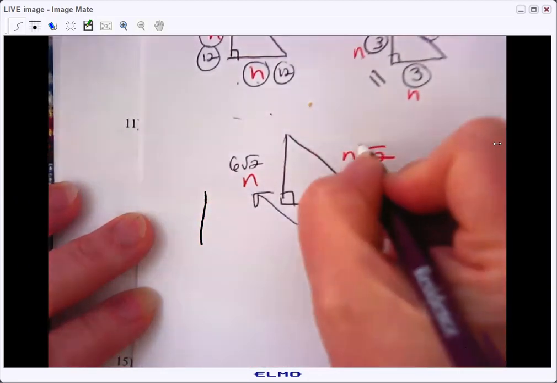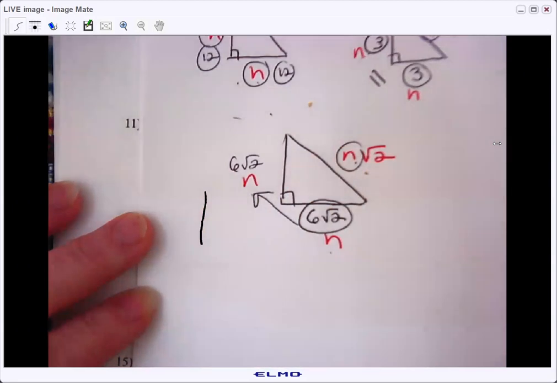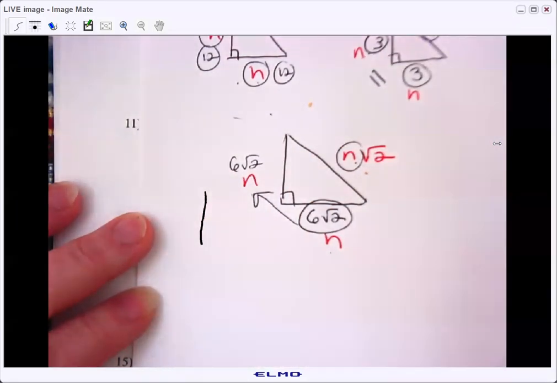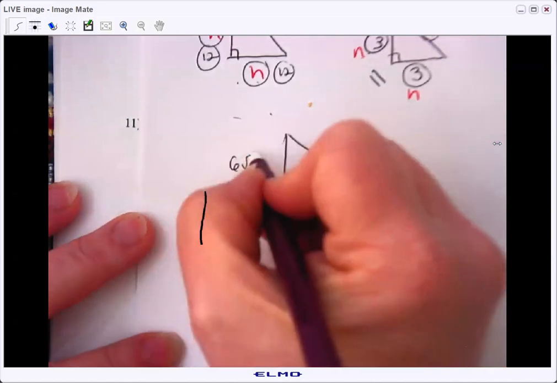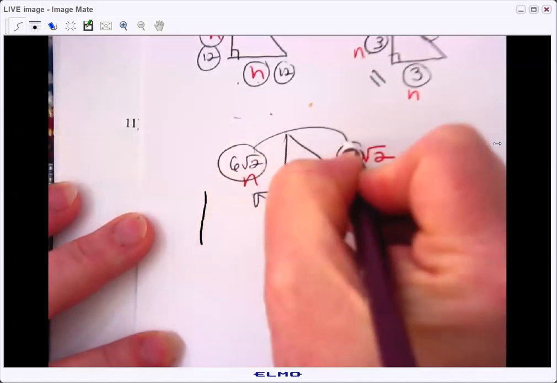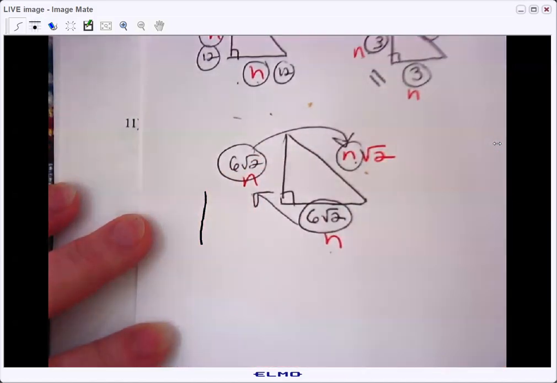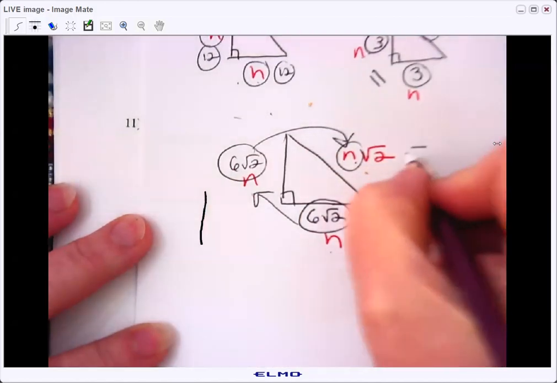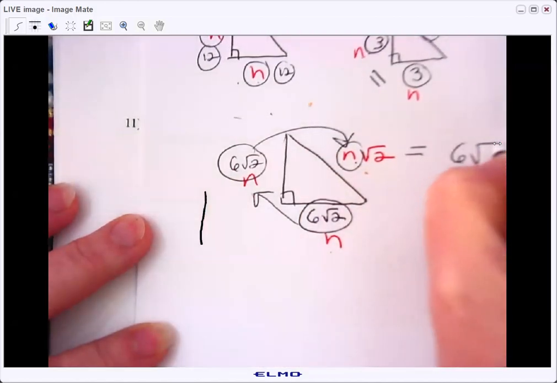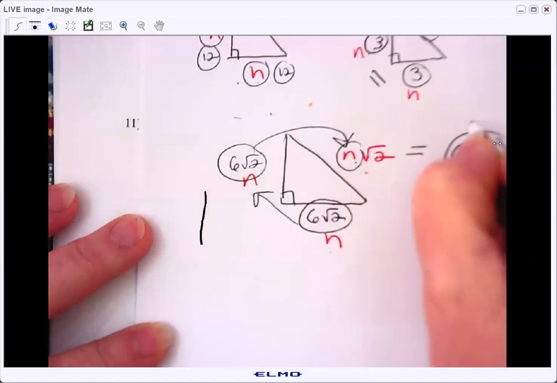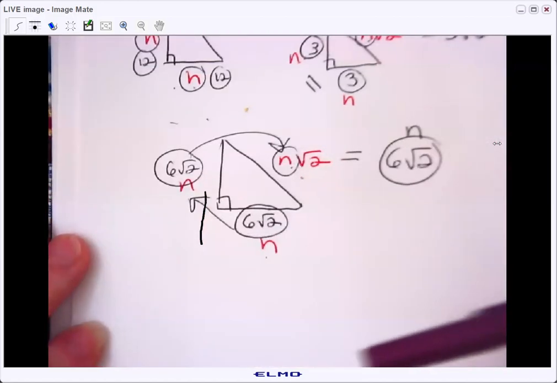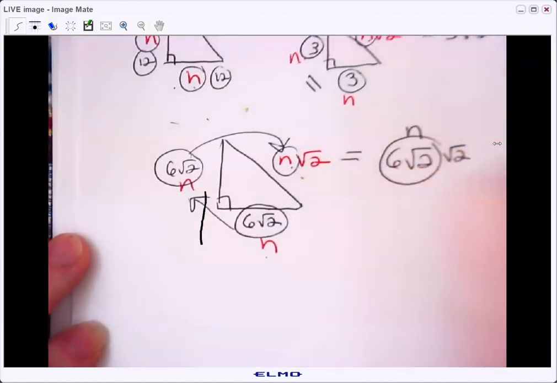Okay. And what do I put in place of that n? Is it 6 square root 2 times square root 2? Yep. Because this is the same n that goes right there. So this one takes one extra step because this is n, and then I have to put the root 2 next to it.